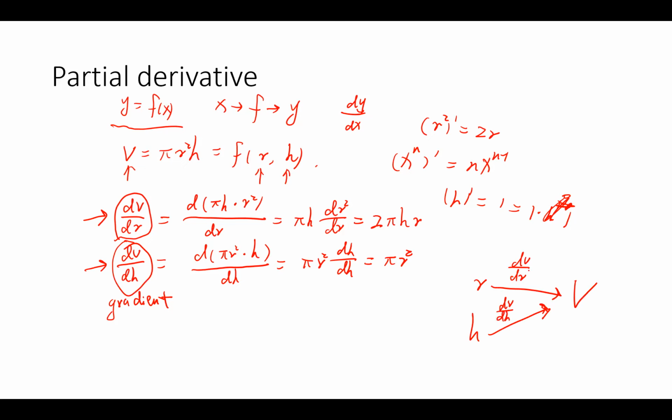If this one is bigger, meaning the volume is more sensitive to r, the radius, then we should invest in the radius. Similarly, if height has a bigger sensitivity, a bigger partial derivative, then we should invest in h. All right, so that's one way to look at it.